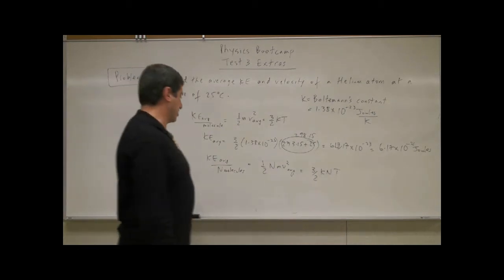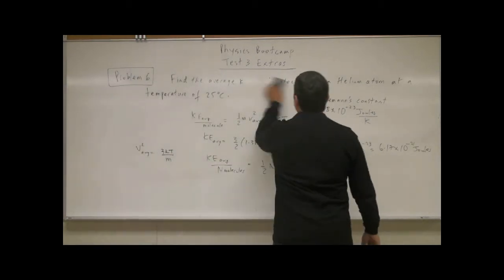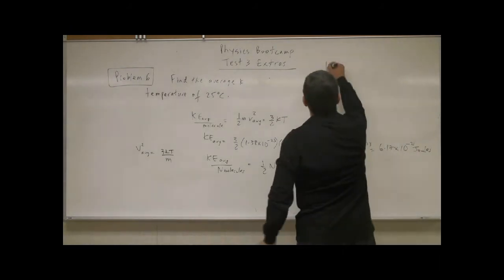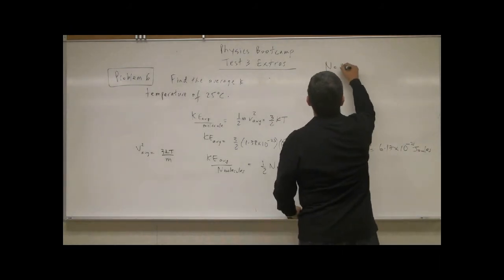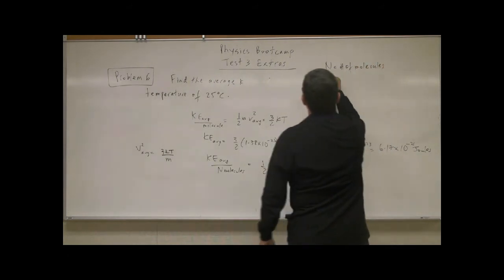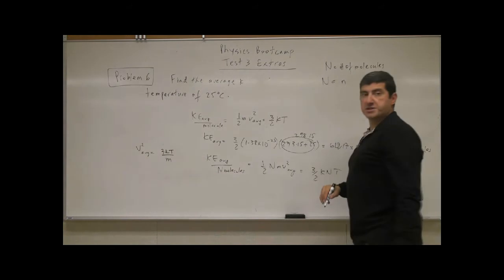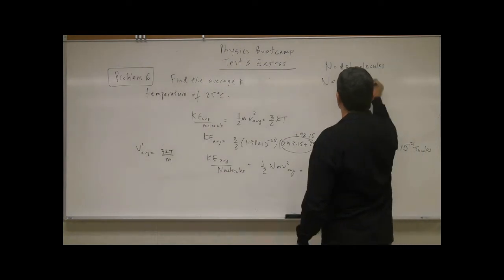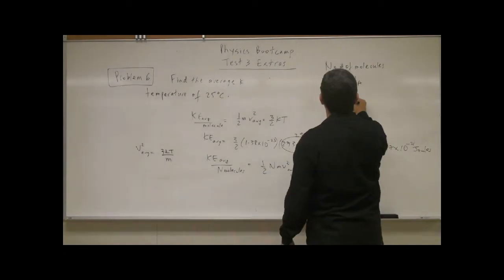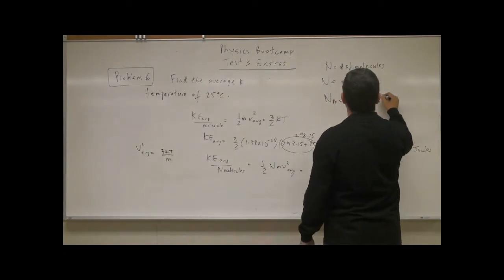Well, here's one of the things we know. We know that the number of molecules, n, is equal to what? The number of moles times Avogadro's constant, right? Avogadro's constant tells you that it is equal to 6.02 times 10 to the 23.